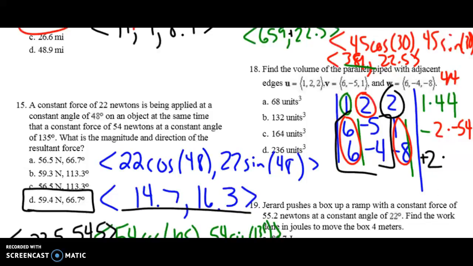So 6 times negative 4 would be negative 24, minus 6 times 5, which is 30, so I'd get 6 for that one. Now it's just 1 times 44, which is 44, minus 2 times negative 54, plus 2 times 6. When I add up all that, I get 164 units cubed.